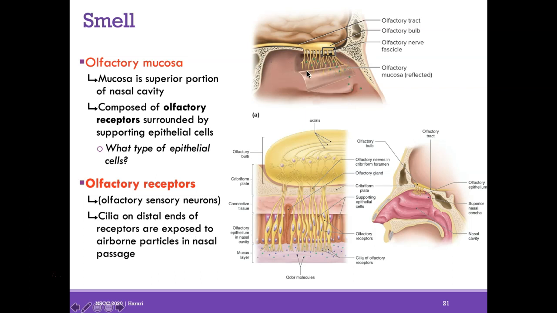The mucosa, we said, has pseudostratified columnar epithelium that makes mucus. The mucus can trap any pathogens. And we have these cilia on the olfactory receptors that can be exposed to any odorants, any smell molecules in the nasal passage.